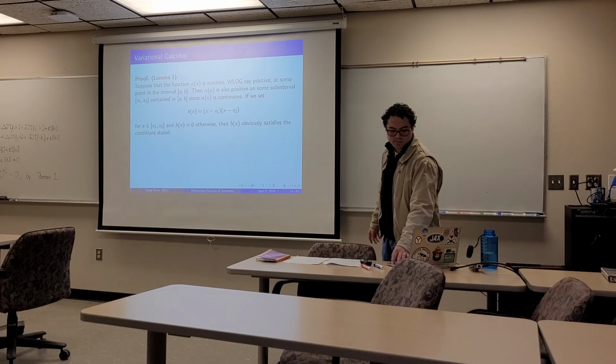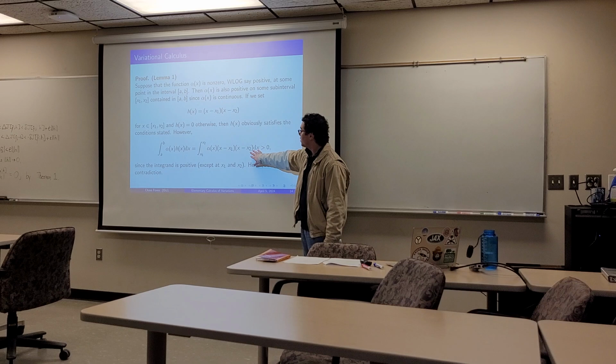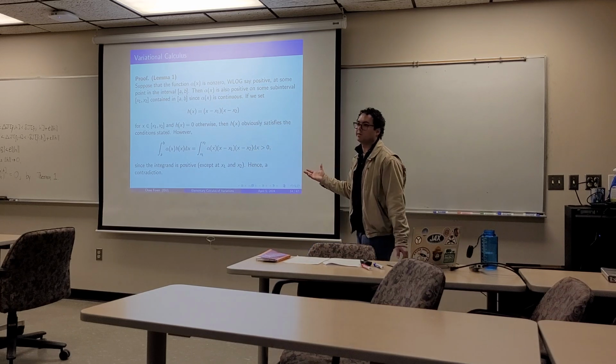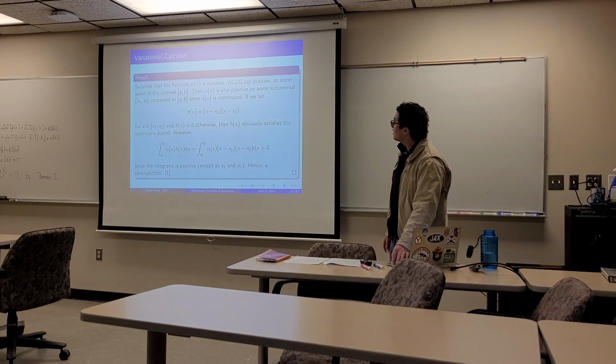So we've set this up so that if we take h and plug it into our integral here, over this subinterval, we have a positive function times another positive function, so the area under the curve, of course, is going to be greater than 0, which is a contradiction. So alpha has to be 0. And that's our final proof.